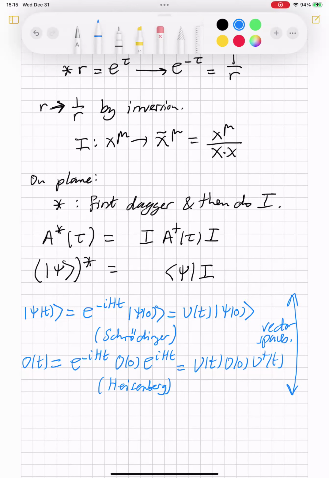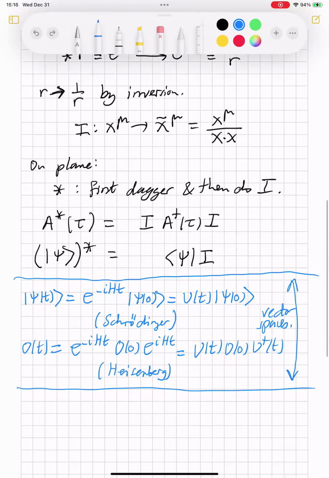So you could also get this rule just by thinking about how a normal column vector or a matrix transforms under a rotation in a normal vector space. So this is nothing special. This is what I'm trying to explain: why have we got an I in the star action on an operator, but just an I in the star action on a state. Okay, good.